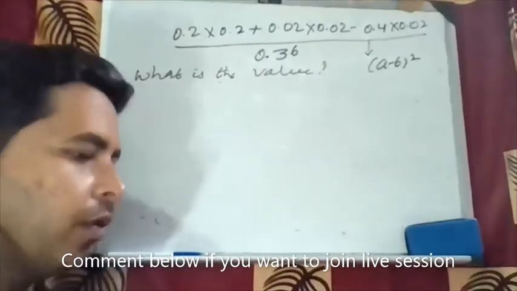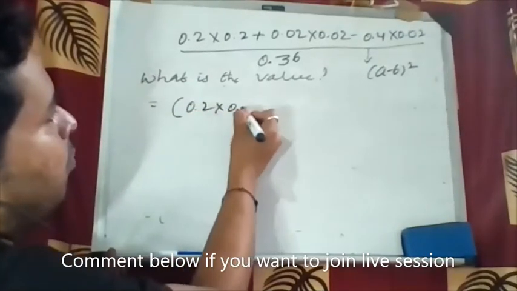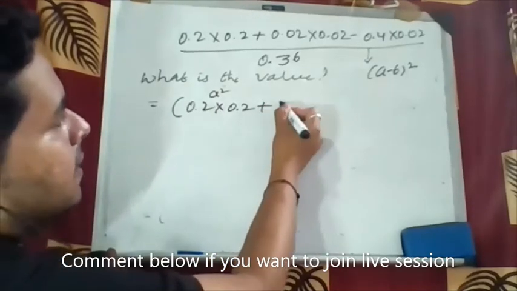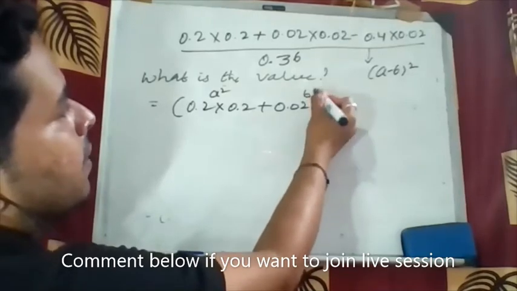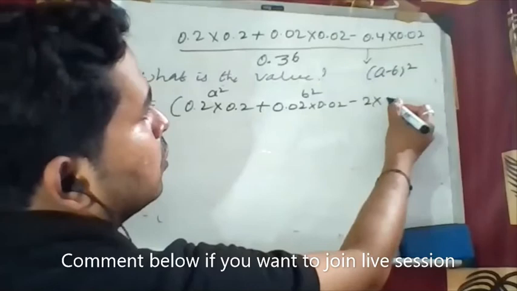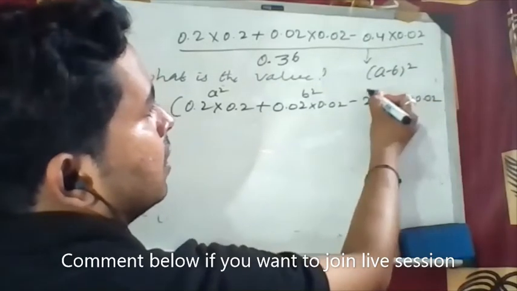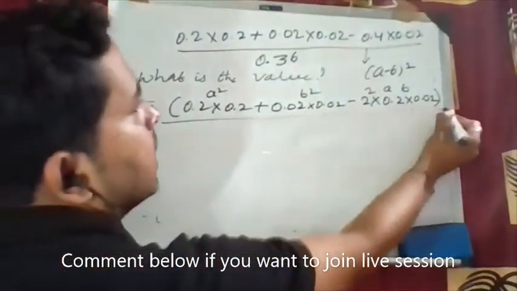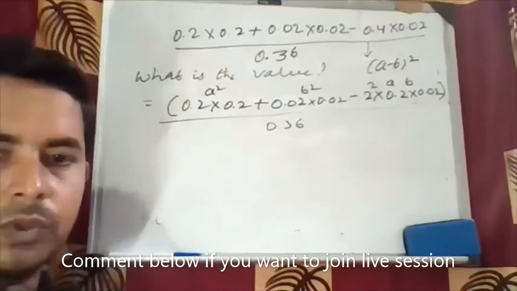Okay, so here what you have to do, what they given, 0.2 into 0.2 means here is the a square plus 0.02 into 0.02. So here this is the b square, and take a 2 common here, 2 into 0.2 into 0.02. So here 2ab, and divided by what they given, 0.36.